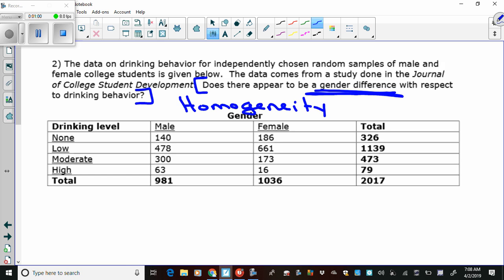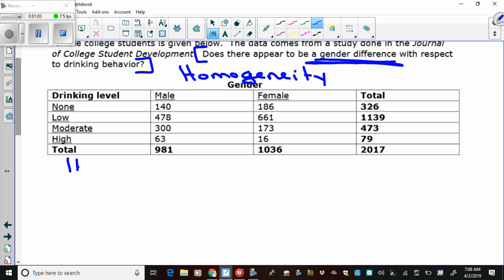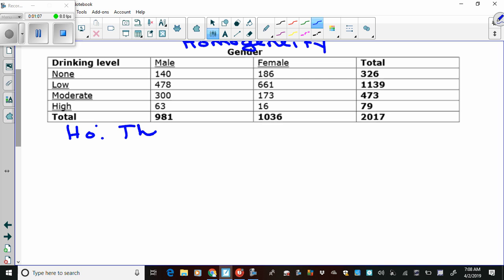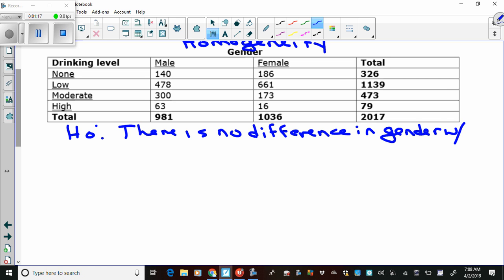So our hypotheses are similar to a goodness of fit test. My null hypothesis is there is no difference in gender with respect to drinking behavior.